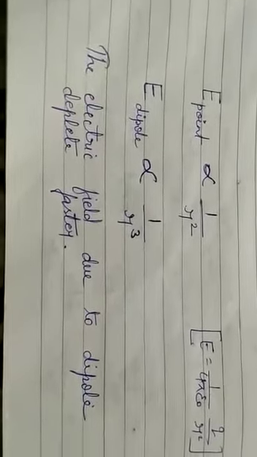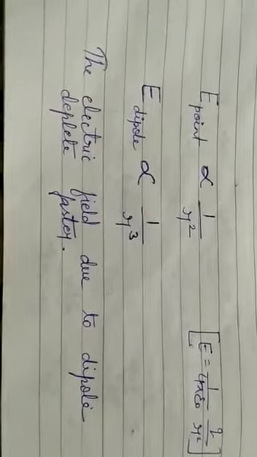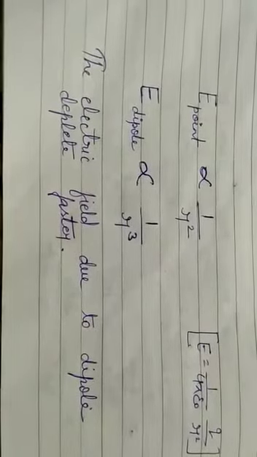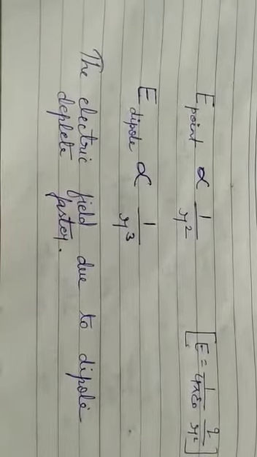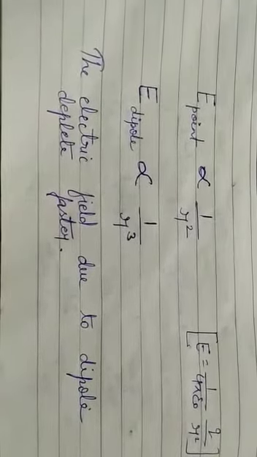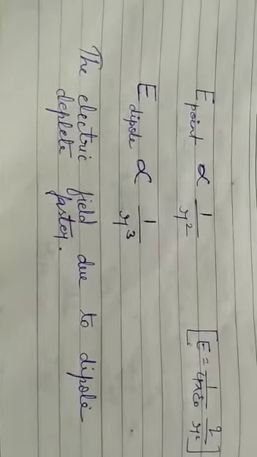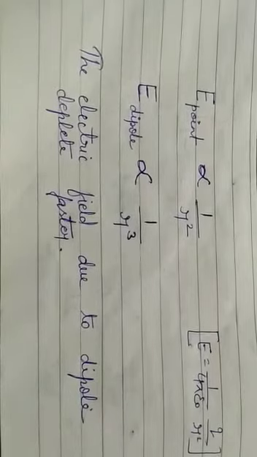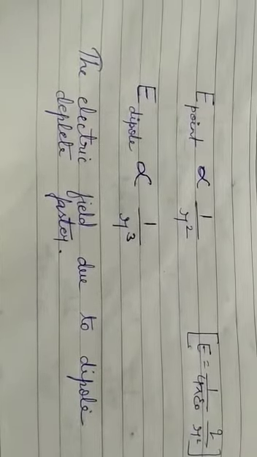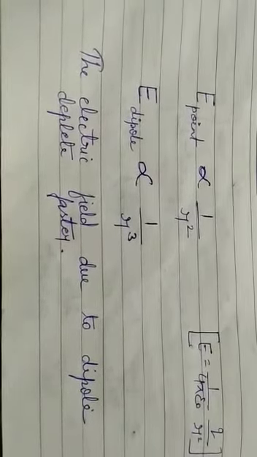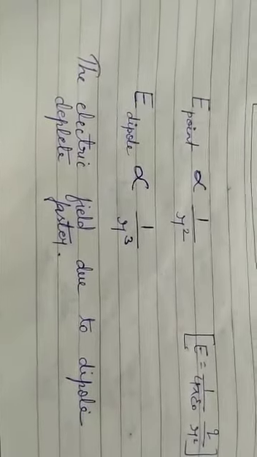In the previous lecture, we studied the electric field due to an electric dipole at a point in the axial position. After that, we were going to compare the electric field due to a point charge and the electric field due to a dipole.